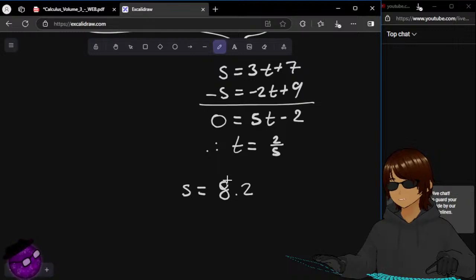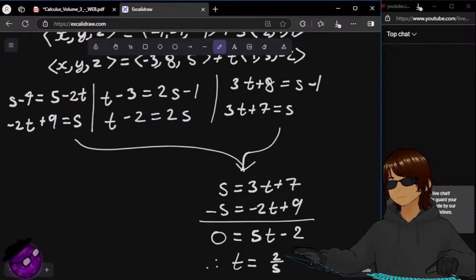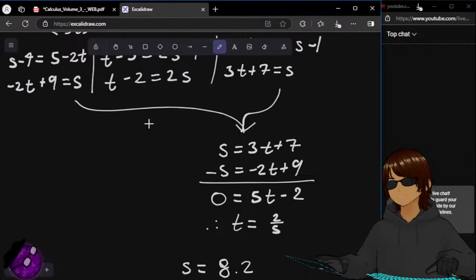And let me just make sure it matches on the other one. Yep, 8.2. But do these two values work here? So 2 times 8.2 is 16.4, and then plus 2 is 18.4.